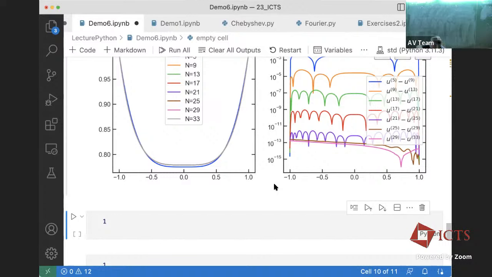So what we did beforehand is we took the first and the last line here and replaced it by our boundary condition. And the fact that made it work is that we also had the one on the right-hand side.